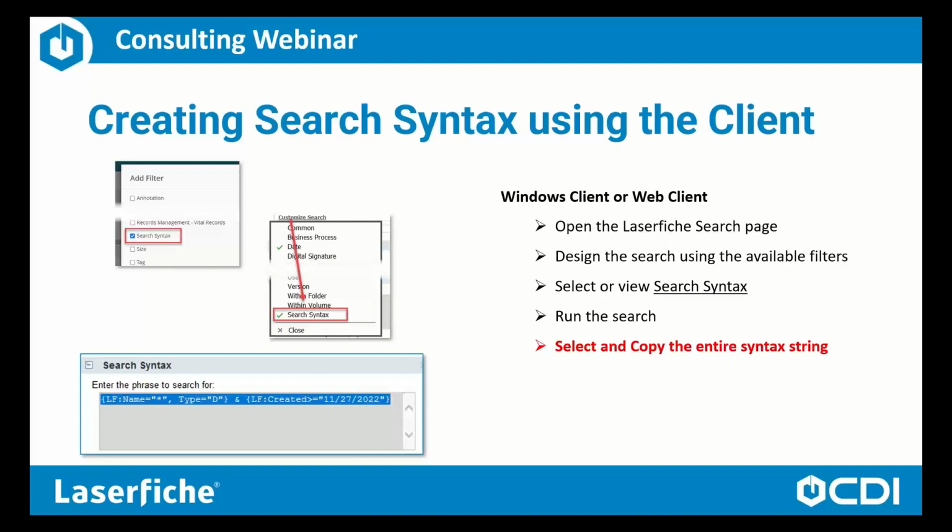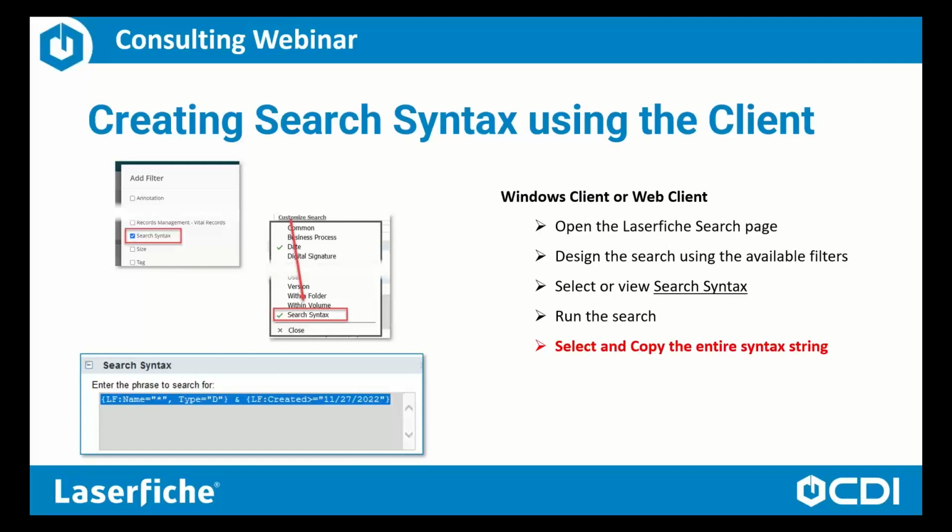So in the Laserfiche client, when we are in our search pane, we have the search syntax filter that we can add into our Laserfiche search criteria. We will leave the search syntax box empty and add in the additional searches that we would like to perform using any other available filters.